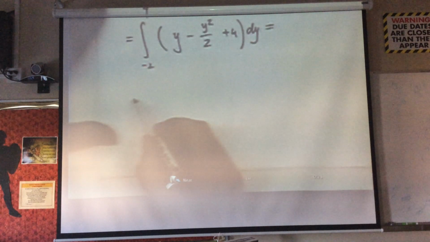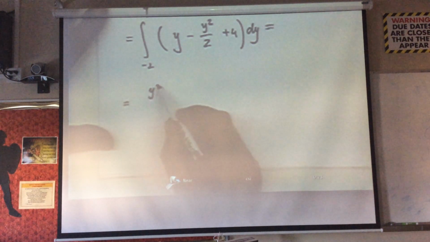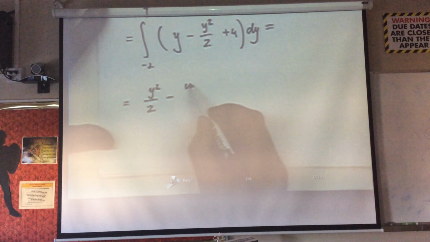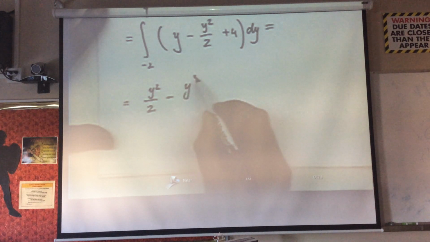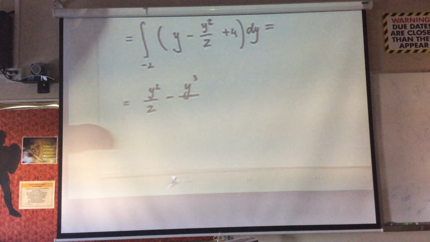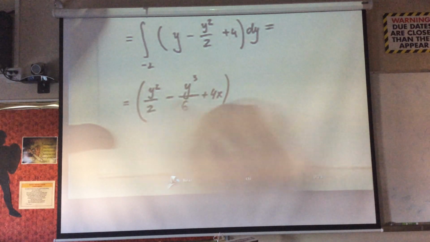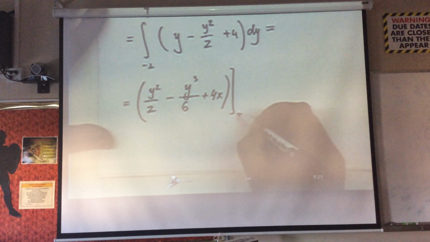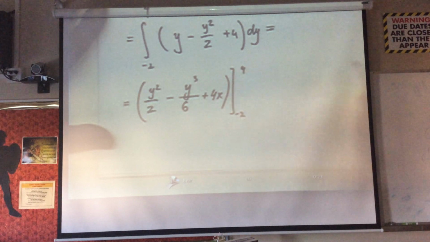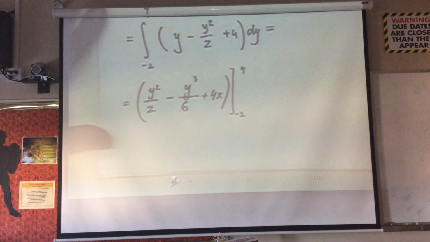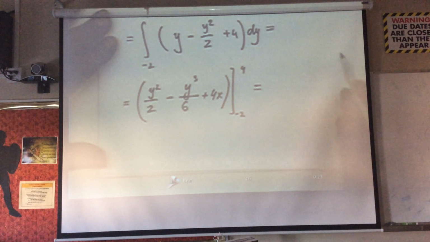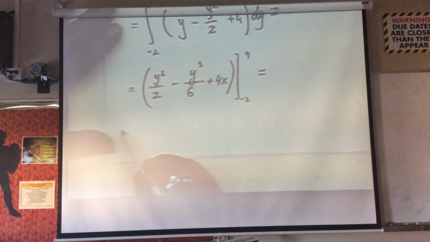So let's just find the antiderivative here. We have y squared over 2 minus y cubed over 6 plus 4y, from negative 2 to 4. So we're going to substitute as we were doing before.